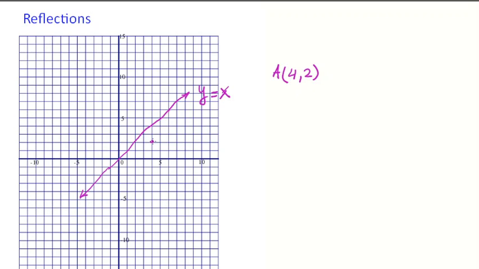So if I get a line which is perpendicular to the line of reflection, we would eventually get to this point here, right? So this was (4, 2), and now it's going to be (2, 4).